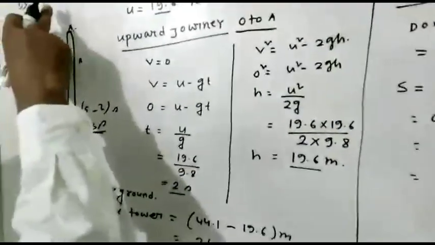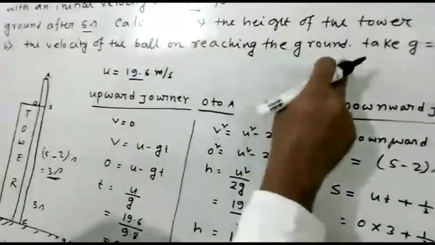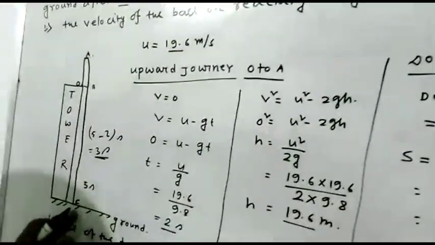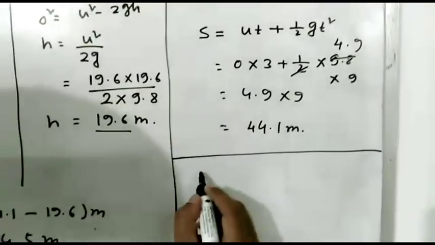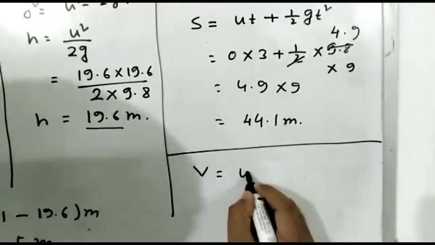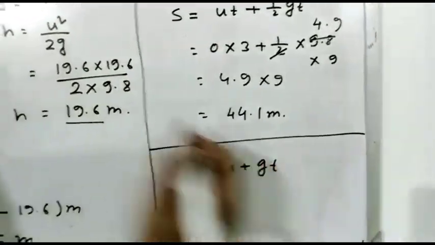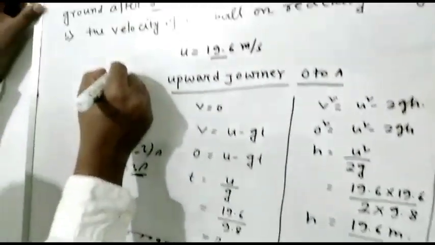And the second question, the velocity of the ball on reaching the ground. That means when the particle touches the ground, with what velocity does it touch the ground? So you can apply v equal to u plus gt. When the particle starts its journey from point A, the initial velocity is 0.